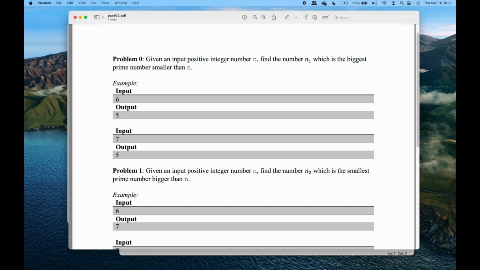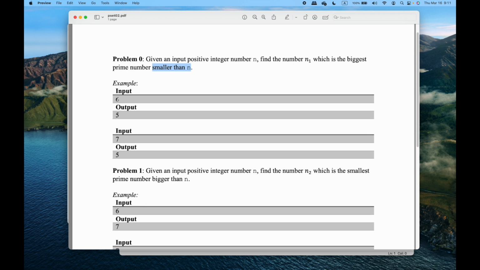In this problem you will have a positive integer number n, for example 1, 2, 3, 4, 5, and you need to find the number n1, which is the biggest prime number but smaller than n.